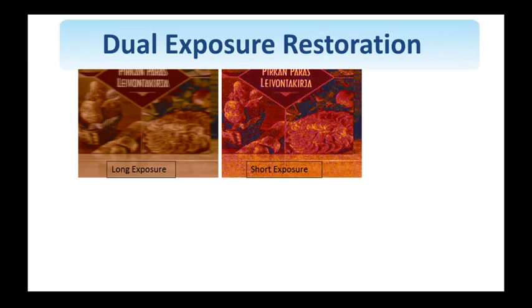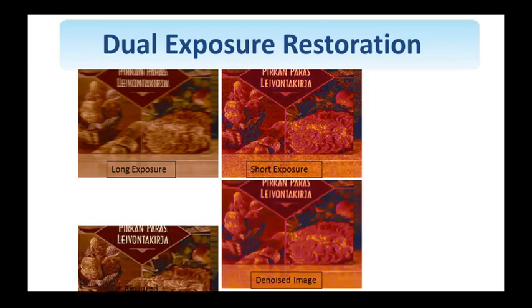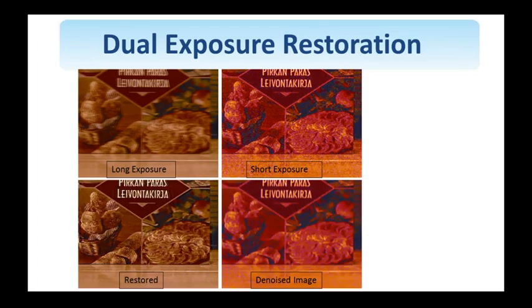One approach would be to work with a short exposure image and smooth the noise, and if we do so, we obtain an image like this. It's brighter, the noise has been removed, however the colors are not the colors of the original image. If we combine now the long and short exposure based on some of our recent work, we can obtain the restored image shown here.